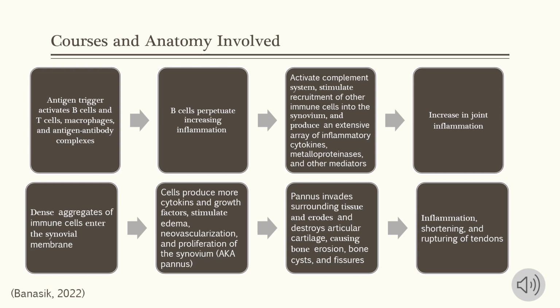A ton of immune cells enter the synovial membrane, so then those cells produce more cytokines and create factors for swelling and inflammation, and eventually goes into the surrounding tissue and causes damage to the cartilage, also causing bone erosion and cysts and fissures, and that inflammation causes shortening and ruptures around the tendons.